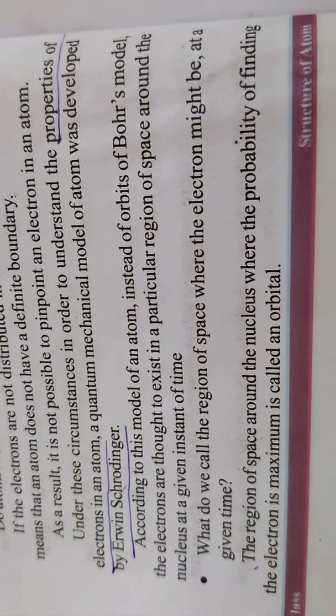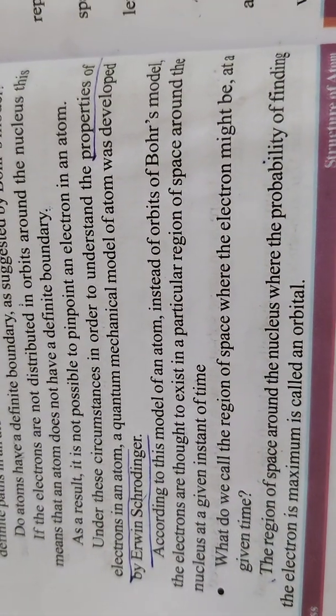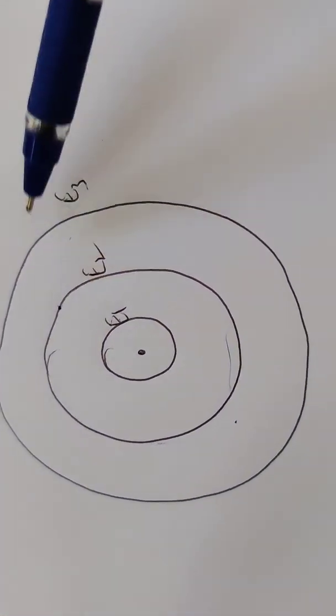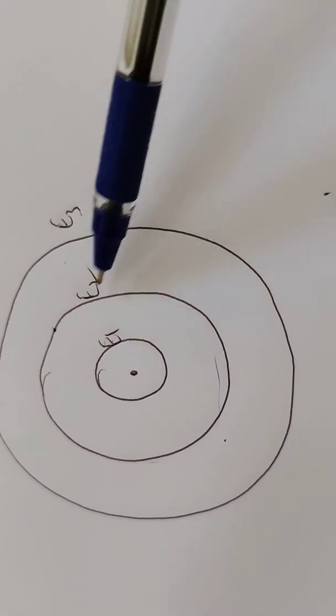Here we get two words, orbit and orbital. What is an orbit? These are known as orbits. And what is an orbital?